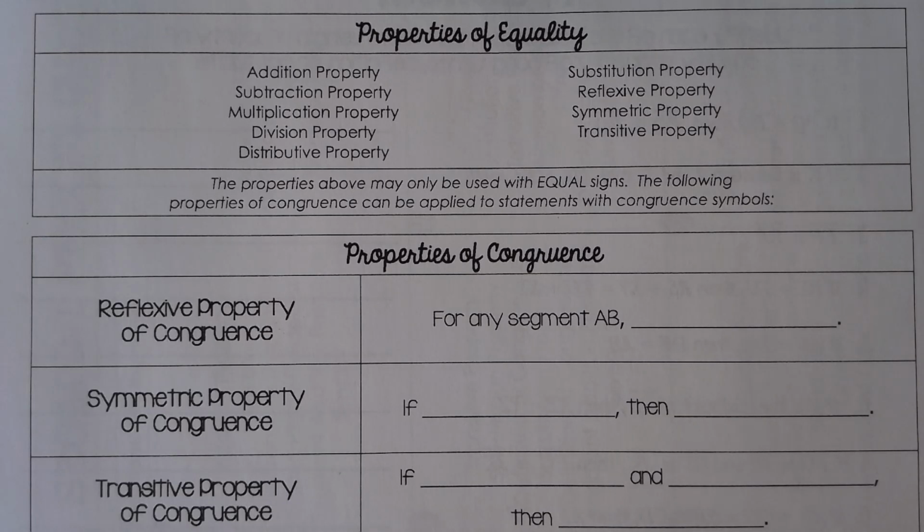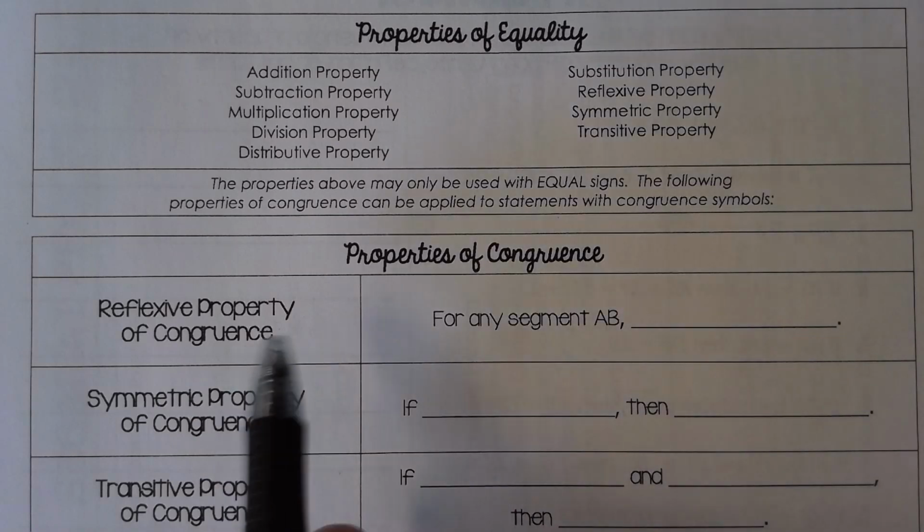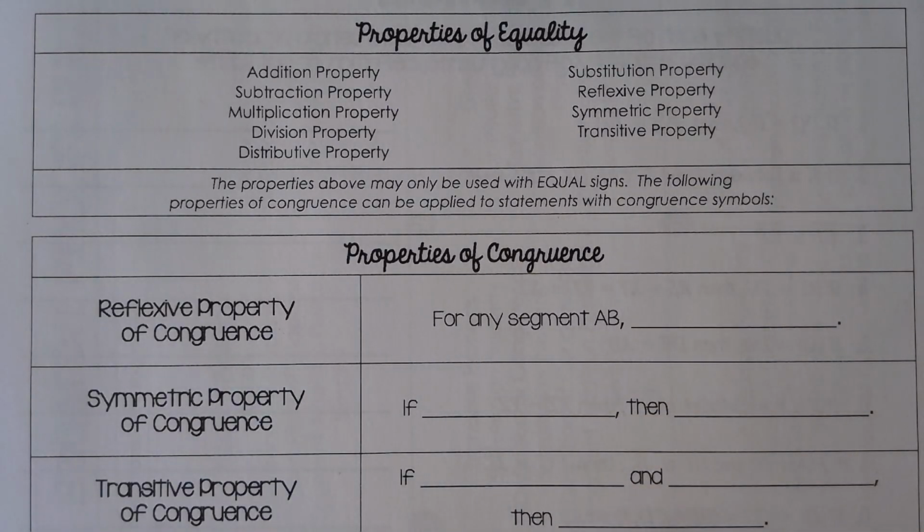So segment proofs is what the lesson is for today. We've got a lot of properties of congruence to talk about, though, because this is the stuff that we're going to use to be able to prove things. Yesterday in class we went over a lot of things about algebraic properties of equality.